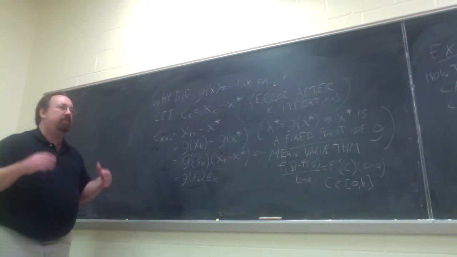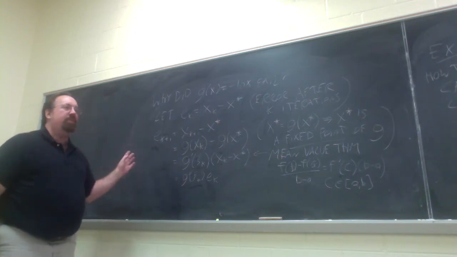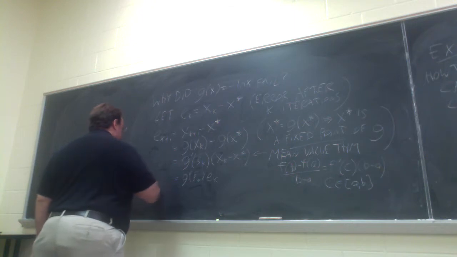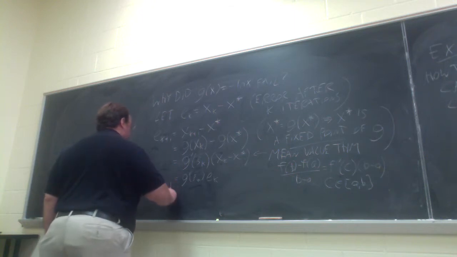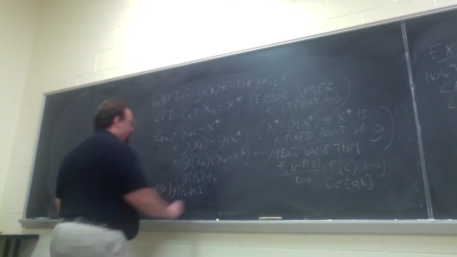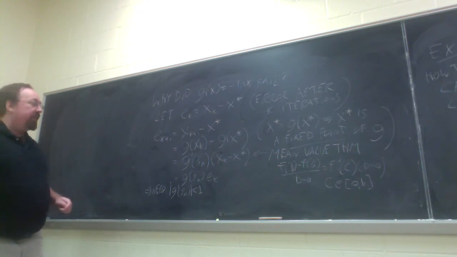So greater than 1 in absolute value. That means the error is actually increasing from one iteration to the next. We want it to go to 0. So what we need is the absolute value of g prime to be less than 1, at least near the fixed point.